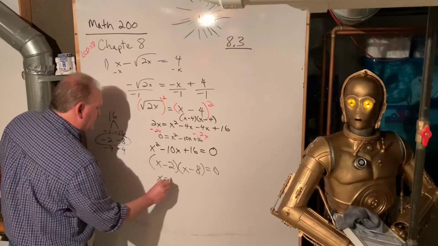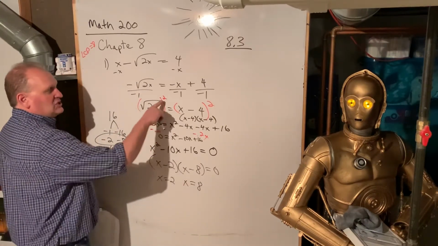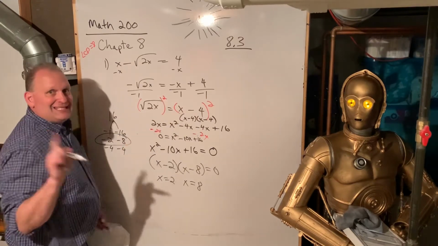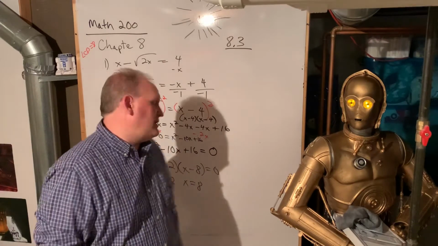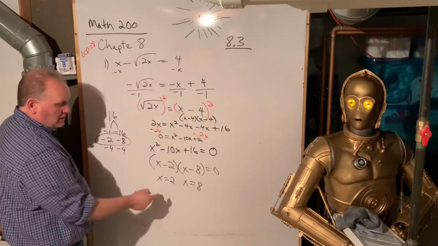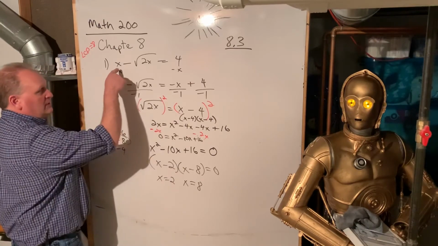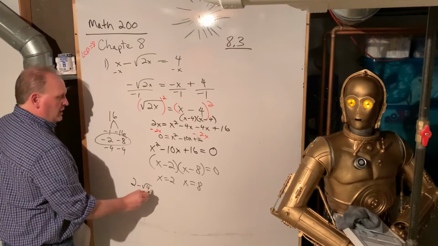So I get two answers, but now you have to be careful. Whenever there's a square both sides step, you've got to remember to check both answers, because one of these might be extraneous, meaning if I put it back in, it doesn't work. So let's see, I put 2 in, and I get 2 minus the square root of 4.